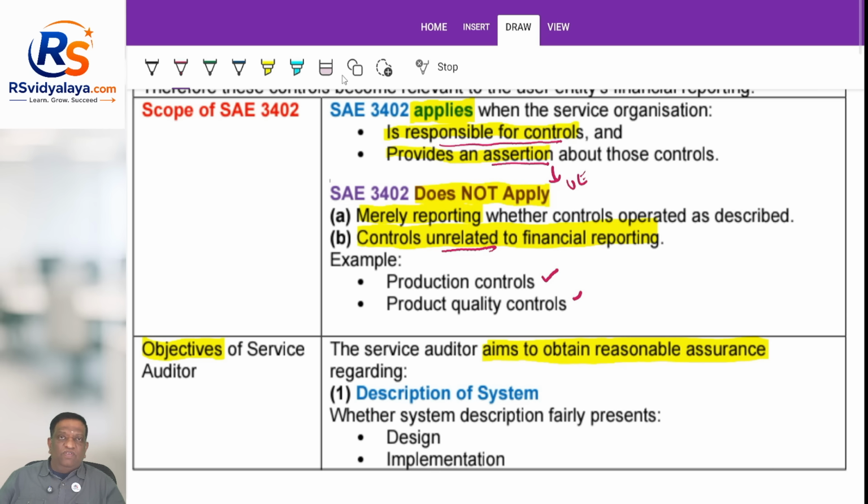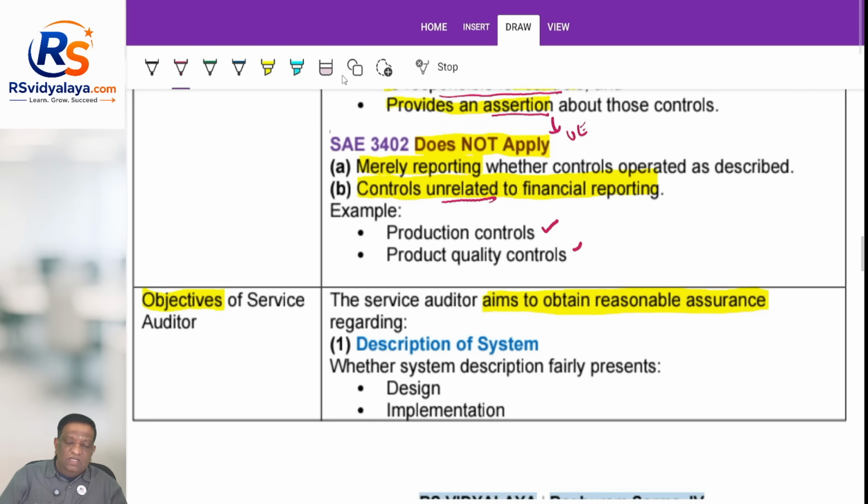In fact, bigger companies would be outsourcing many other functions, like say their painting or their accessories and the packing material. In that background, if what you have outsourced and the controls relating to it have nothing to do with financial reporting, then the standard has no application.